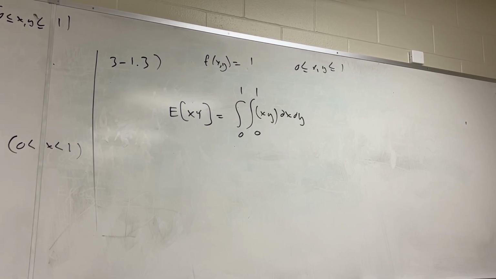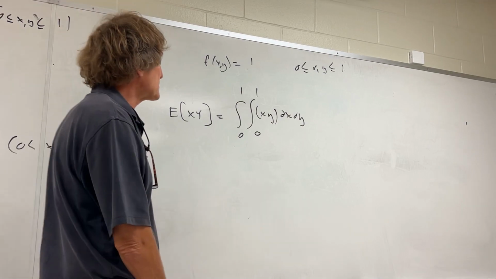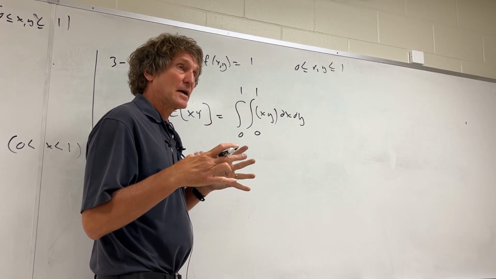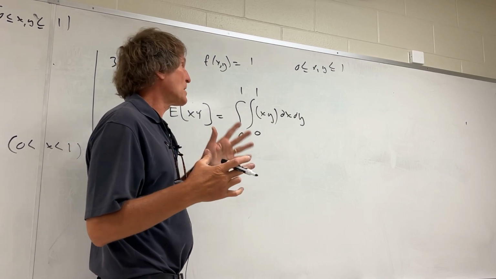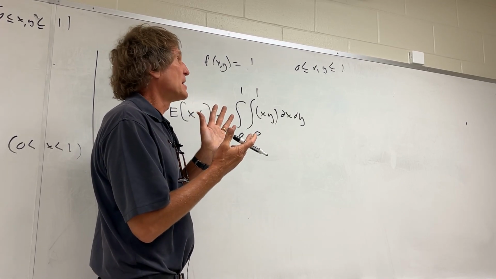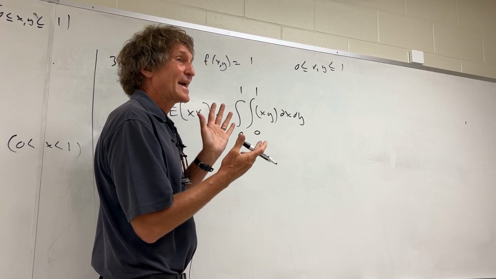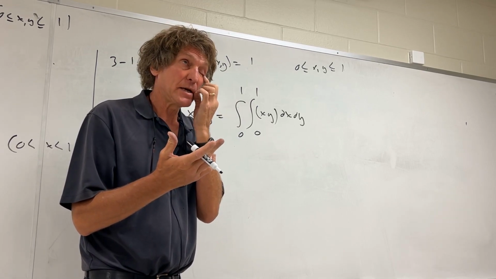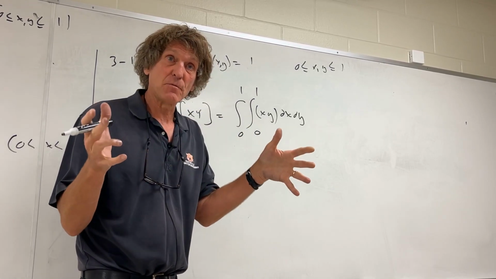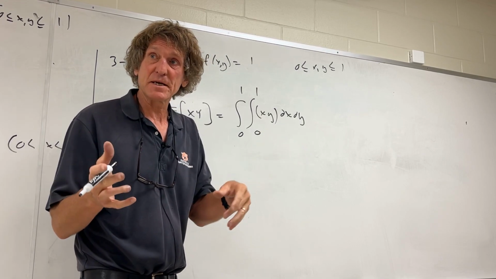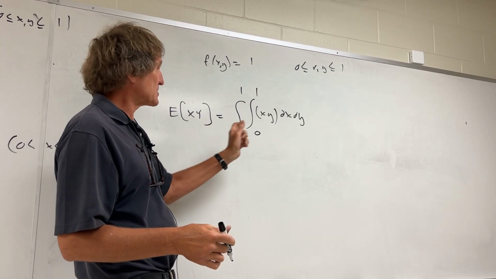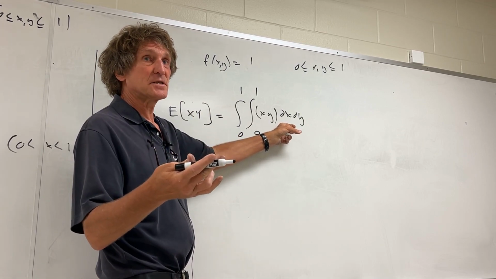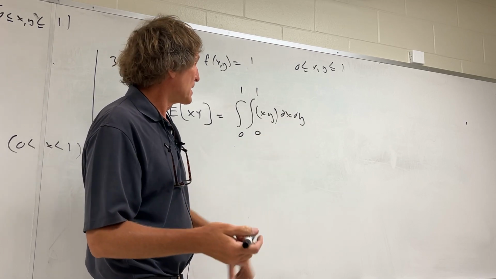Then suppose the density function was not constant over that range, say it was 1 between 0 and 1/2, and then some other value between 3/4 and 1. You all follow me? Then you would have a more complicated integration to perform. But the essence is the same. You take the functional form, multiply it by the density function, then integrate over the range where the density function exists, where it's non-zero. That's it.